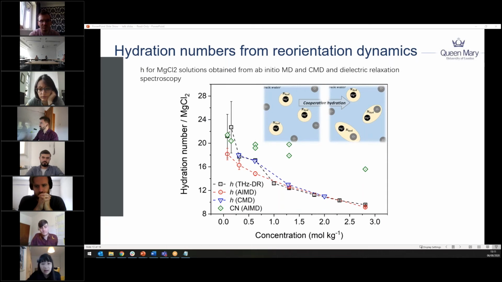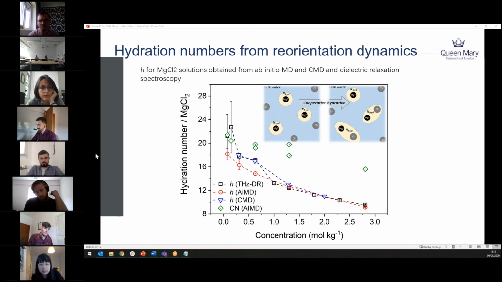It can be seen that at 1.3 molal, the number of bulk-state water is about 13 per magnesium chloride unit. So the hydration number measured through terahertz and the simulation results are well matched in high concentration simulations. But at low concentrations, the hydration number measured by the experiments fits better with classical molecular dynamics than with ab initio molecular dynamics.